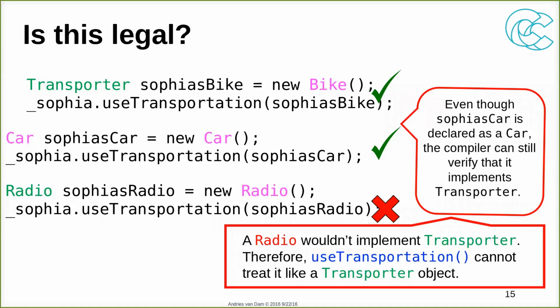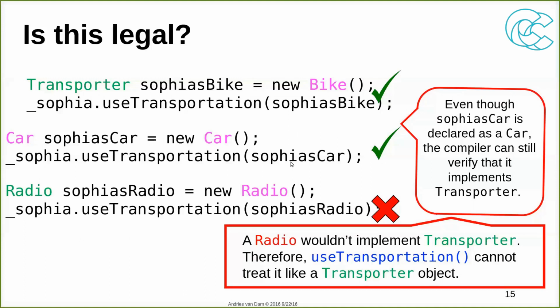Okay, let me try and understand. You have Transporter sophiasBike, and you are assigning an instance of bike to it, and here you have the car. So use transportation has car sophiasCar, and now you are passing this in.